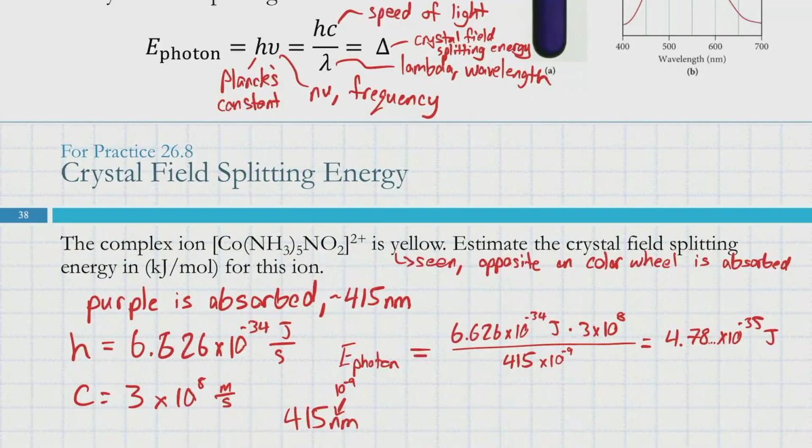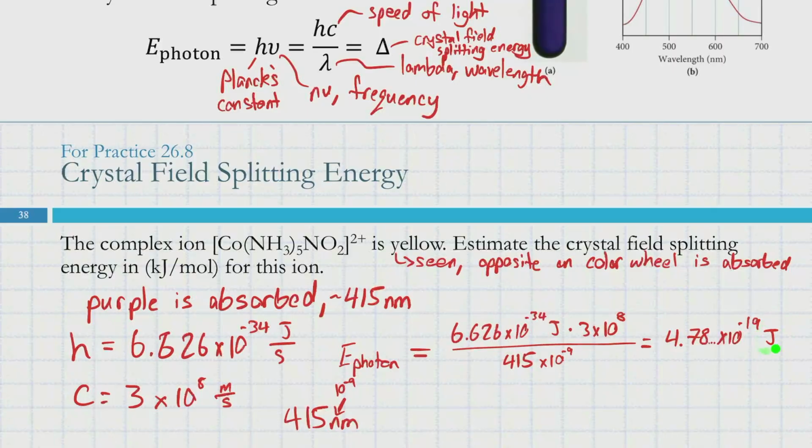So 4.78 times 10 to the negative 35 joules. Yeah, I definitely screwed something up. Hold on. Yeah, I put negative 8. I was going to say the order of magnitude seemed way off. So like I was saying, I trust that I can make a mistake. Self-fulfilling prophecy. All right, 4.78 times 10 to the minus 19 joules. It's more reasonable.